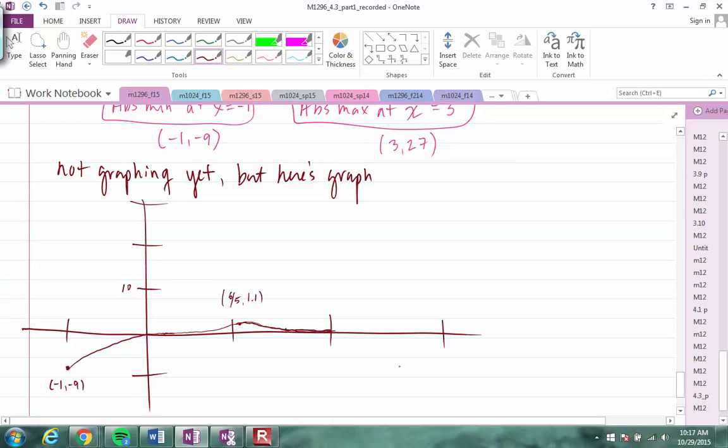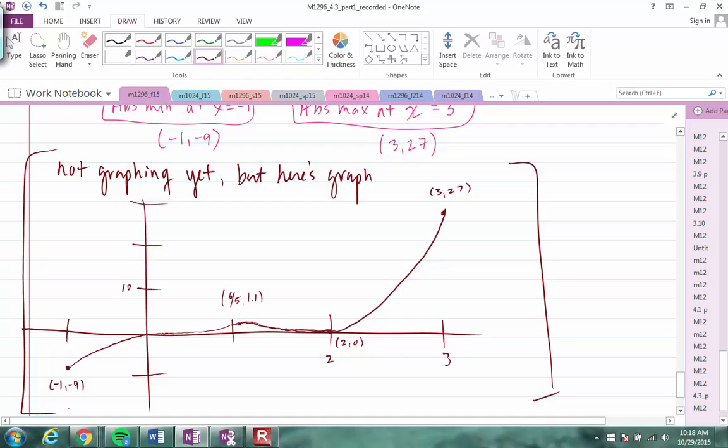I shouldn't have stretched out my x-axis so much. I made this really hard on myself. Okay, that's (2, 0). And at 3, it spikes up all the way to 27. Okay, (3, 27). I can draw that. And the curvature you can't get right now, but it kind of looks like that. Alright, you are going to have to do this pretty soon. So, that's it.